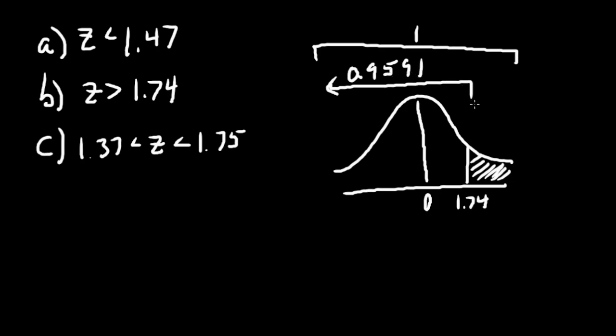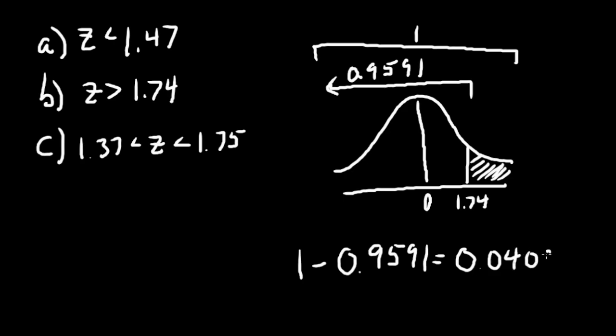So we'll come over here. I'm going to work it down here below and say 1 minus 0.9591 is equal to, you can just plug that in a calculator real quick. That's going to be 0.0409.